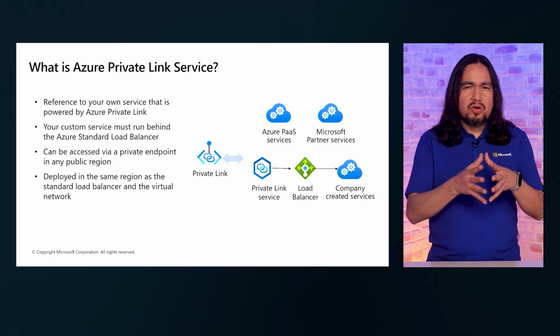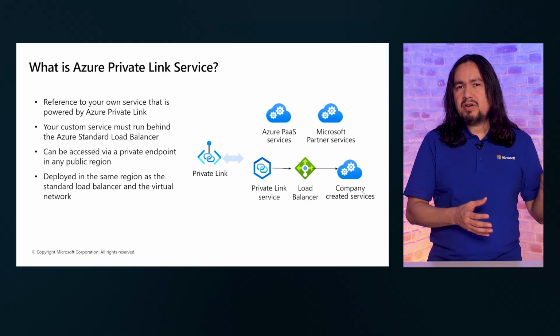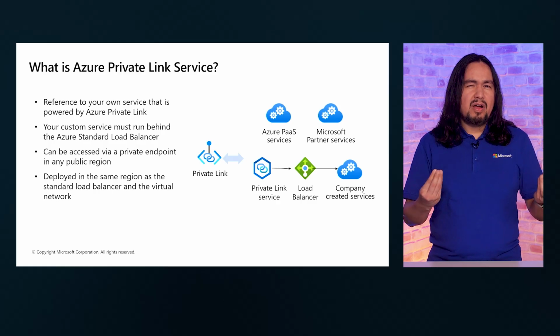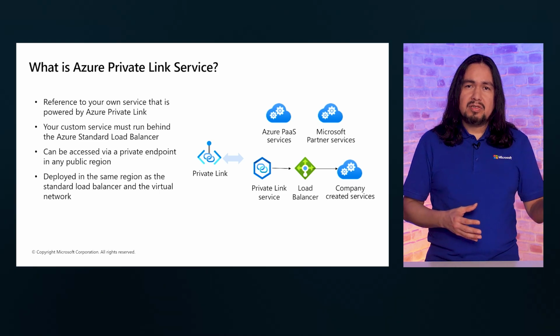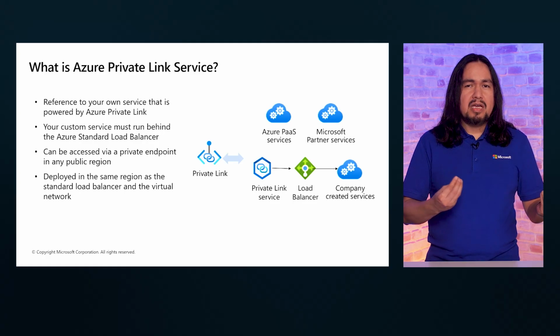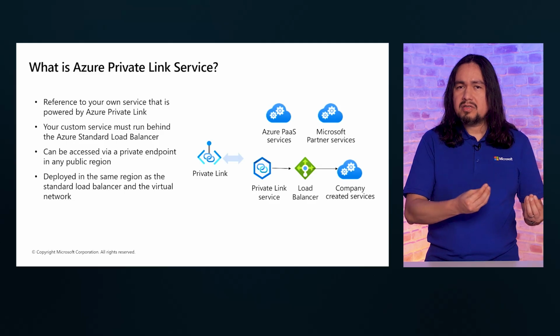In other words, your consumers can create a private endpoint inside their VNet and map that private endpoint to this private link service. So in a sense, a private link service can receive multiple connections from multiple private endpoints. And a private endpoint connects only to a specific private link service, just like we can connect that specific private endpoint to an Azure storage account or a SQL server.